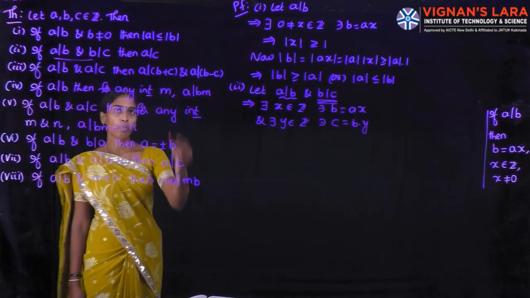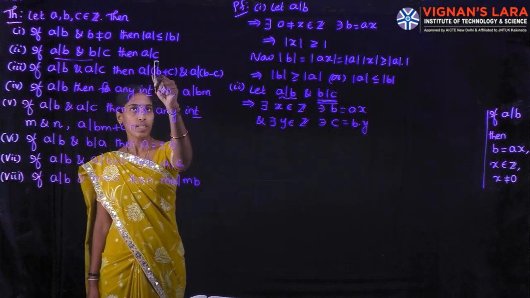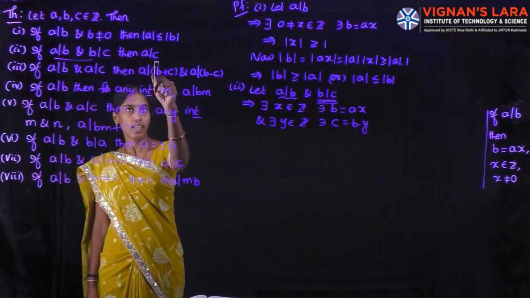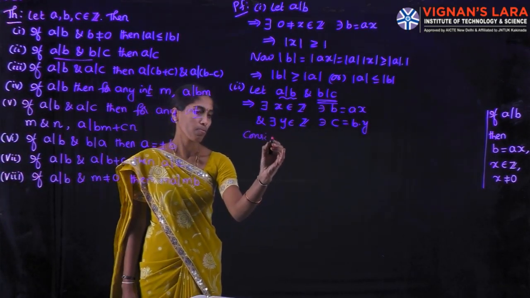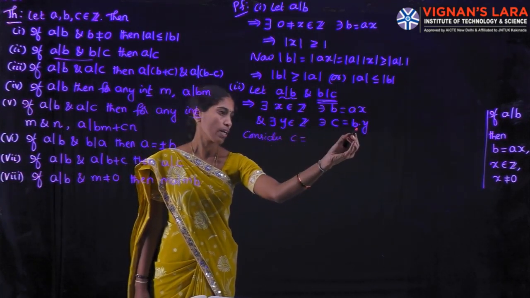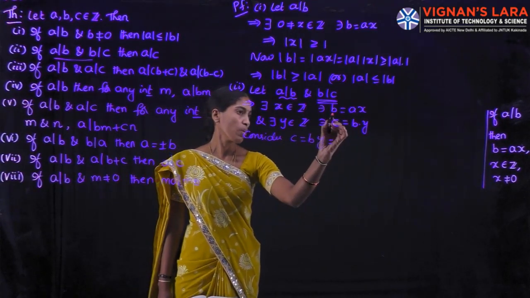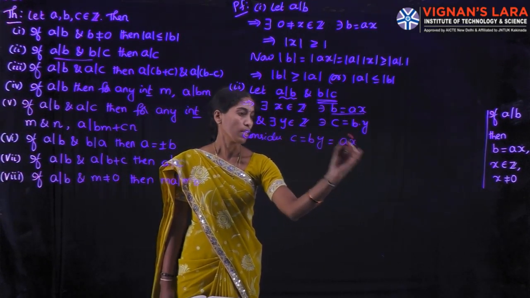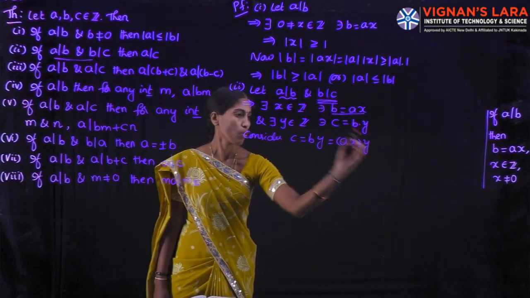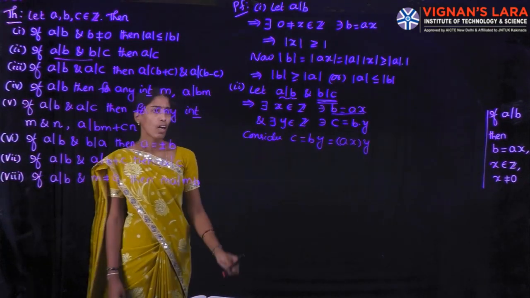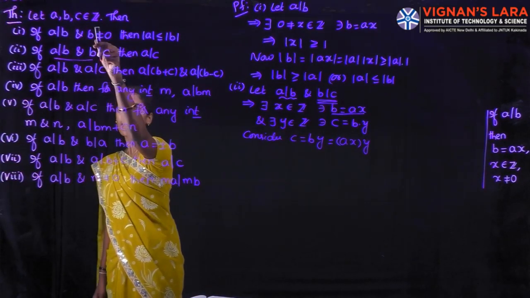So, what we have to prove here? A divides C. That is, it is enough to prove that C is a multiple of A. So, consider C. C is equal to, already we have BY, which is equal to, we have B is equal to AX. So, AX into Y, right? All these X, Y are integers and also A, B, C are integers.